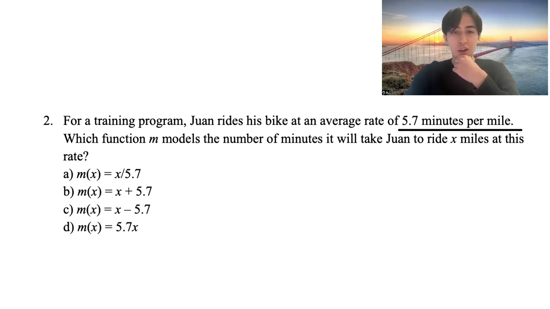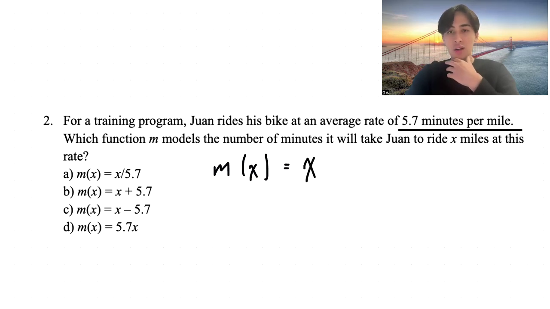The function M of x represents the number of minutes. And that number of minutes will be x, the number of miles that Juan is going to ride, times the rate. So it'll be times the 5.7. So your answer has to be D.